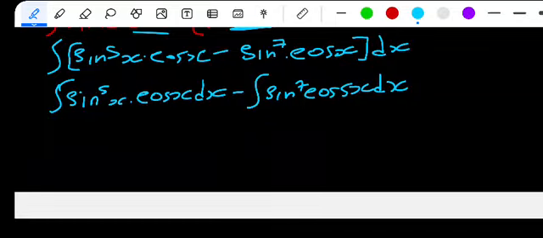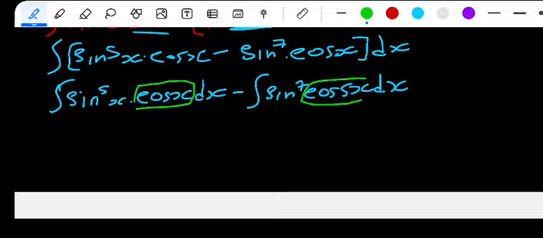As you can see, the aim was to have this raised to the power of 1. The exponent must be 1.